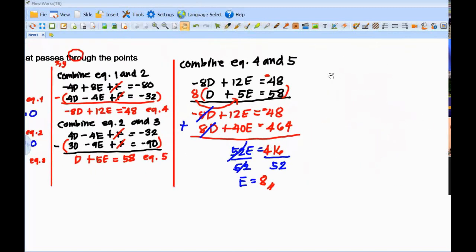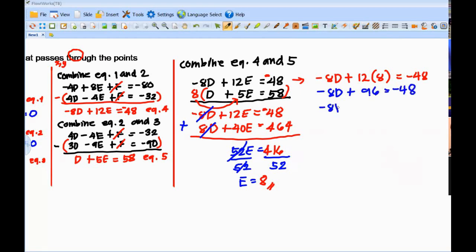Now let's get the value of D. So we will use this equation, okay? -8D plus 12, our E is 8, is equal to -48. After that, we will solve. It will become -8D; 12 times 8 is 96, equals -48.